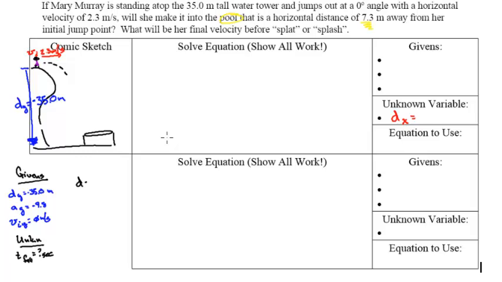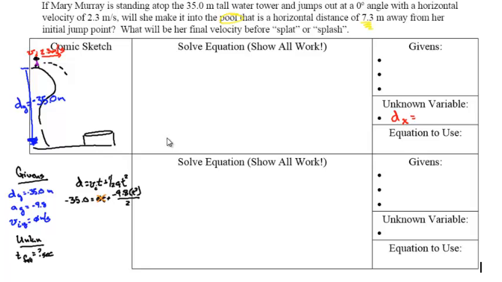So distance equals velocity initial times time plus 1/2 acceleration times time squared. Negative 35.0 equals 0 times t plus negative 9.8 times t squared, all that over 2.